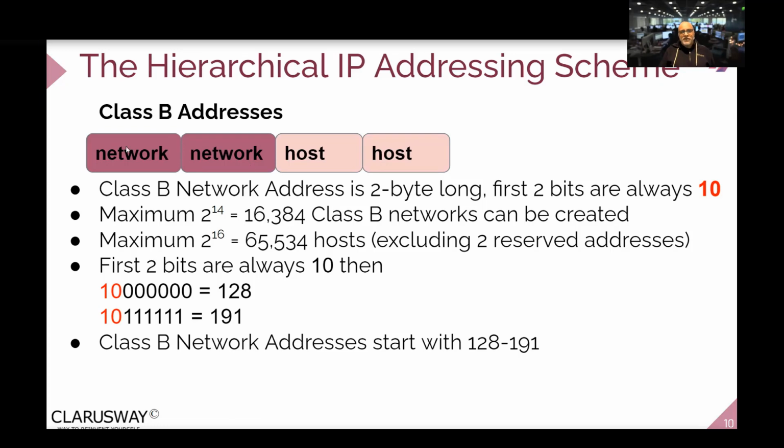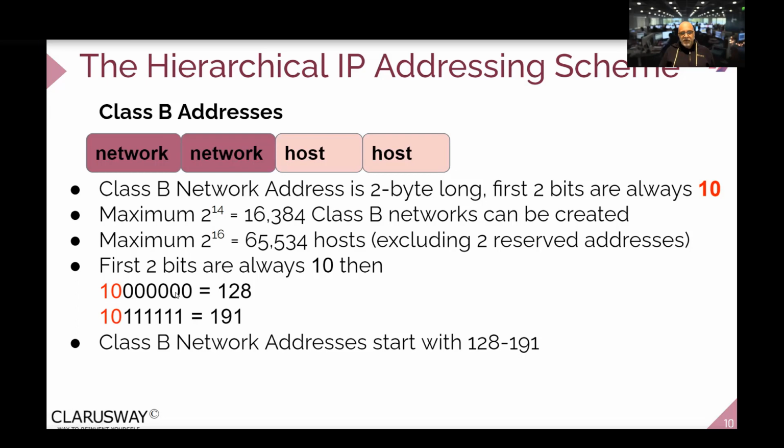So for each of these networks, how many hosts can I create? Well, I've got, again, 16 bits. So I do 2 to the 16, and it gives me just over 65,000 hosts, minus those same 2 reserved addresses. So for each network, I can create over 65,000 hosts. And if you look at the networks themselves, the first 2 bits are fixed.